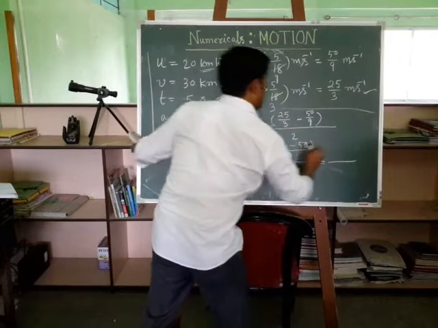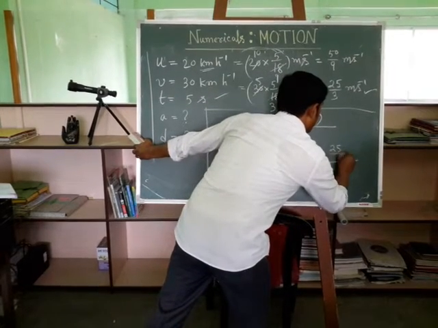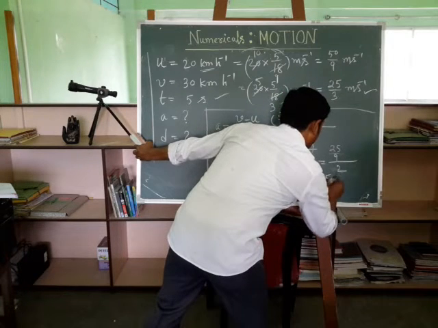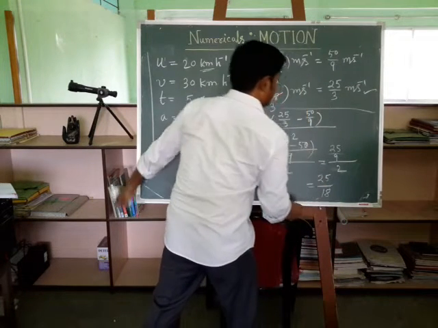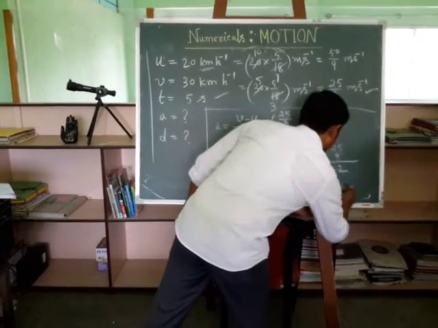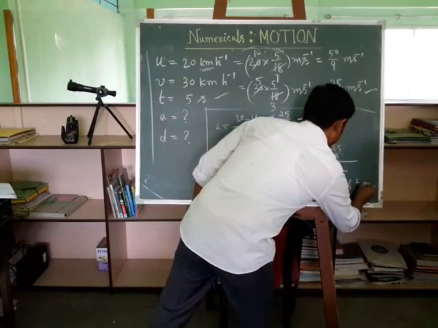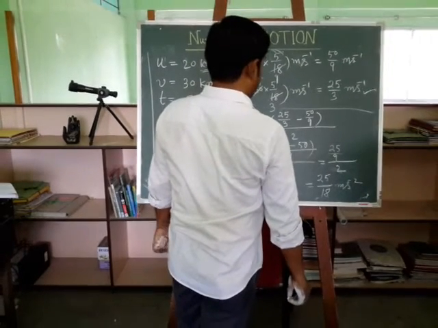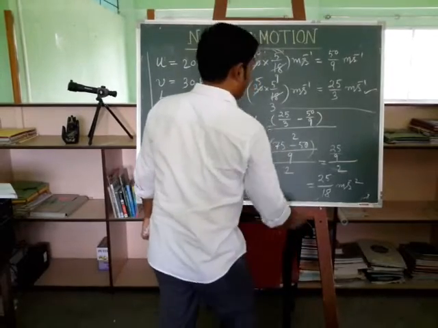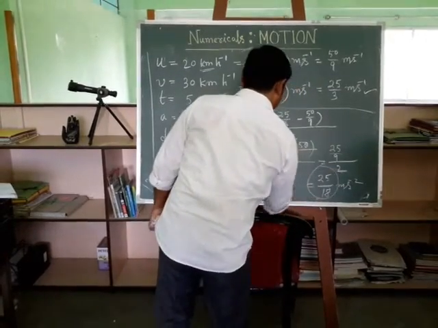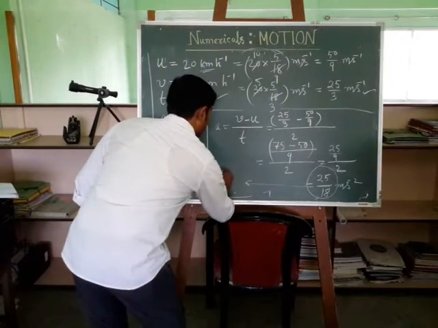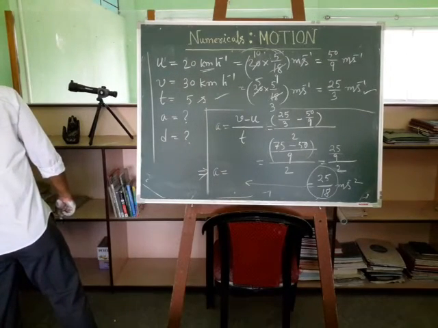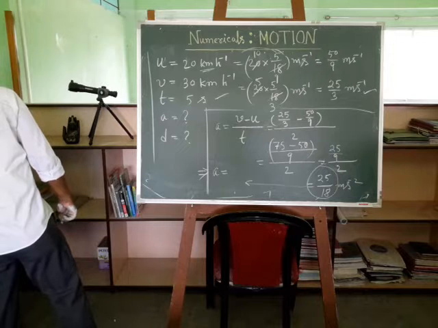This will be, on this top we have 25 upon 9, 2, so 25 upon 18, that is meter per second square. 25 upon 18 meter per second square. Okay, you can calculate how much is that. So let me see. Oh, something is wrong here.